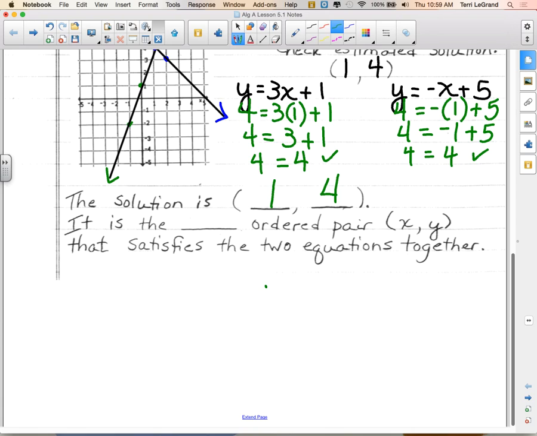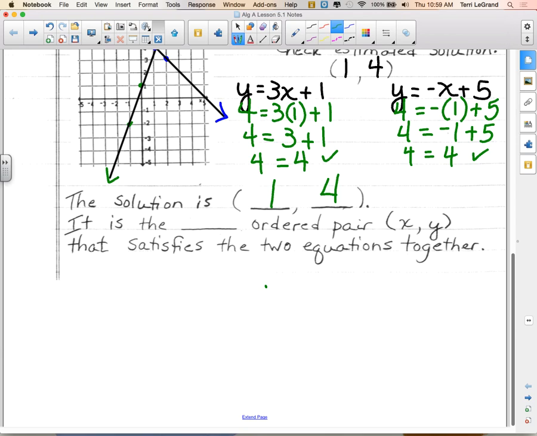Okay. So anybody found anything yet? Have you found another spot where they share the same y? Anybody?